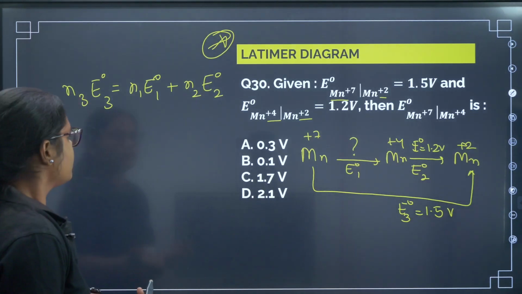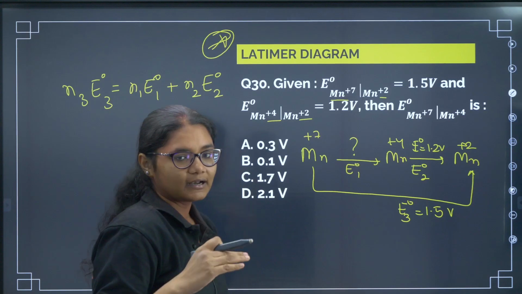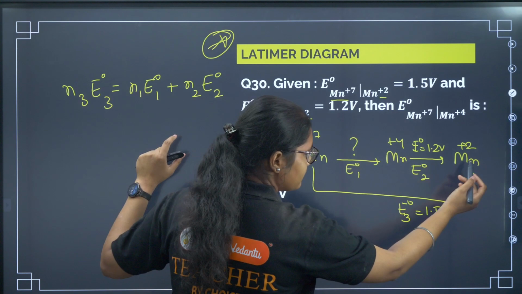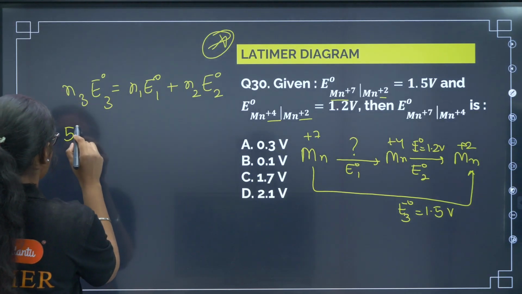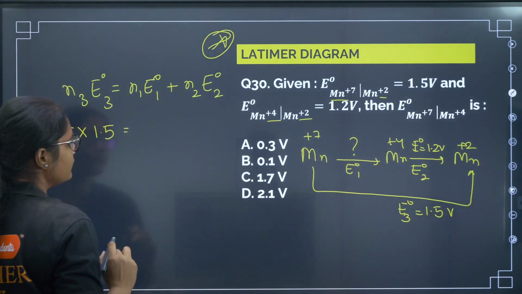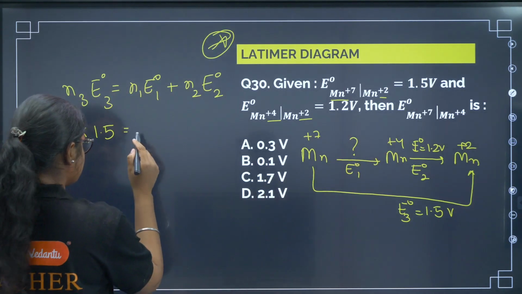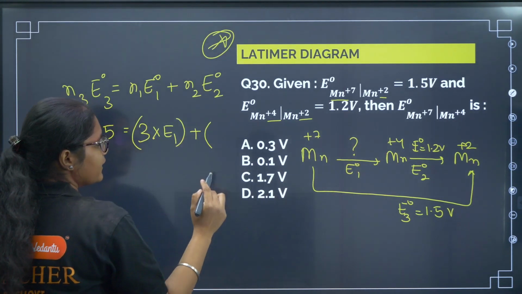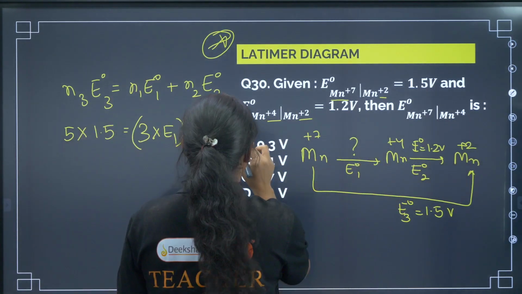Now what is this N value here? The N value is the number of electrons exchanged, or the difference, you can say. For plus 7 to plus 2, the N value will be 7 minus 2, that is 5. So I can write 5 into E3, and E3 is 1.5 volt, equal to N1, plus 7 to plus 4, the difference is 3, so 3 into E1, plus N2, plus 4 to plus 2, that is 2 into 1.2.